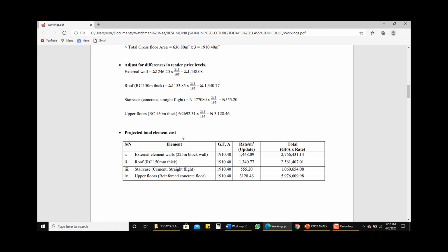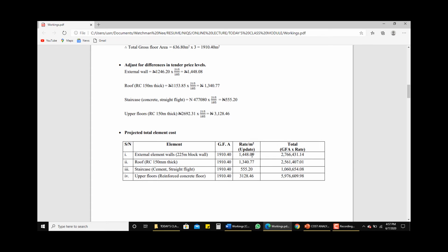And the final stage here is that we compute the projected total element cost. So for the external wall, the total gross floor area for the proposed building project is 1,910.40 square meters.